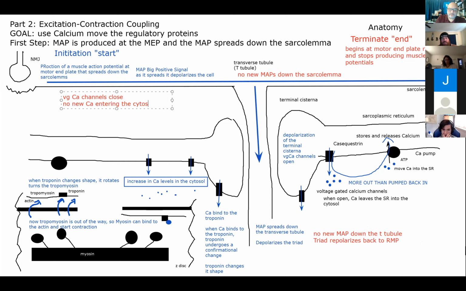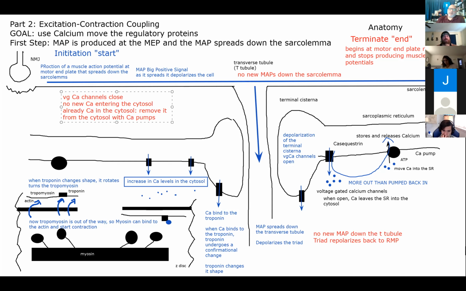All right? But just like we had before, we have this issue where there's already calcium in the cytosol. So what do we do about that? Need to get it back into the sarcoplasmic reticulum. There you go, exactly. We remove it from the cytosol with our calcium pumps.